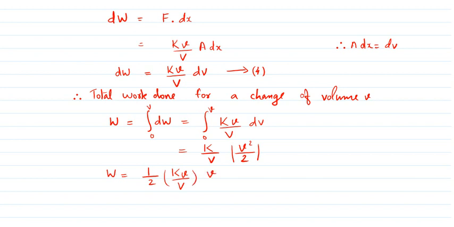So this will be equal to half into kV v by V, which is pressure, and small v. So this equation will be half into pressure into change in volume.